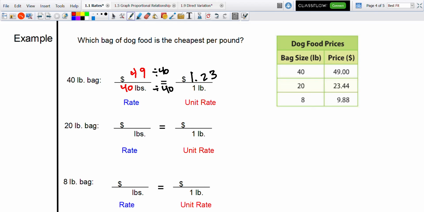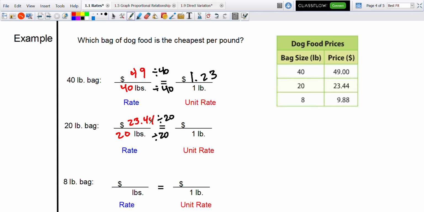Let's do that for the second bag, the 20-pound bag. I know that the 20-pound bag costs $23.44. Okay. And so if I want to find it per 1 pound, I would divide by 20 on top and bottom. 20 pounds divided by 20 is 1 pound on the bottom.